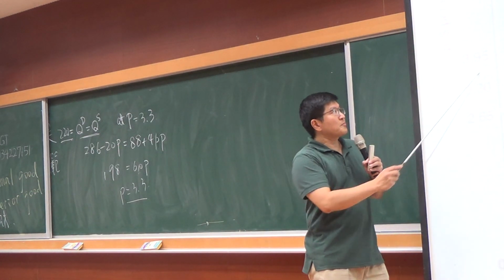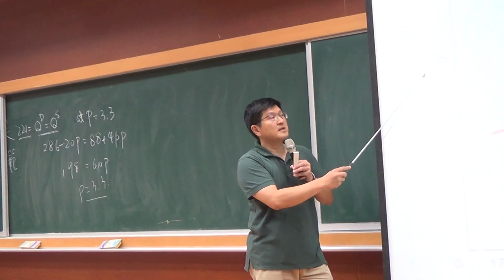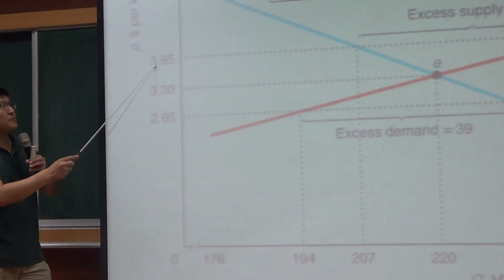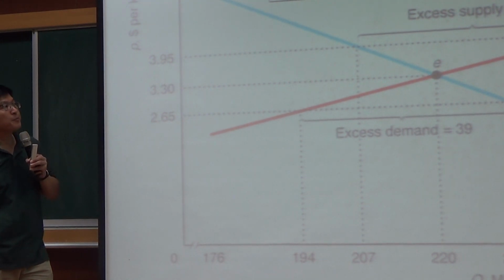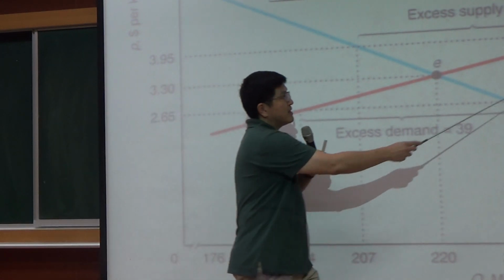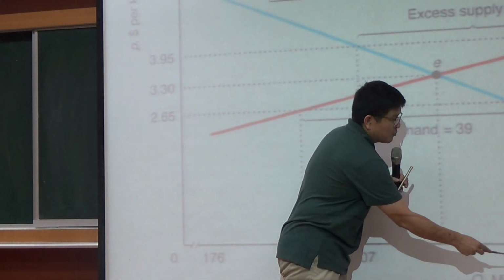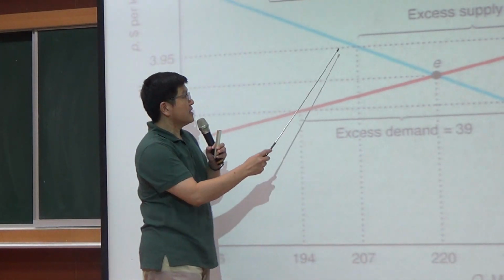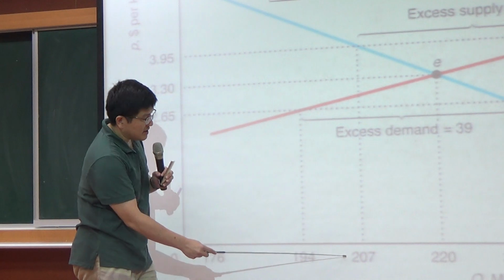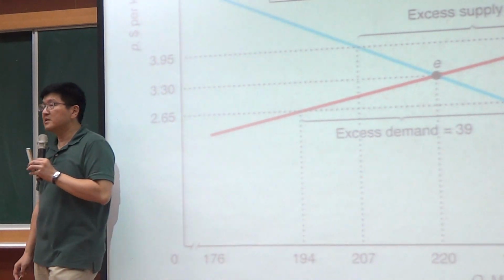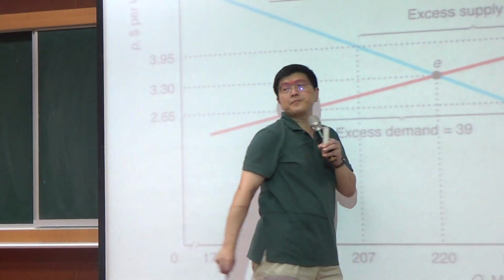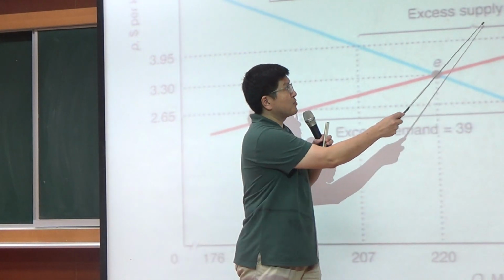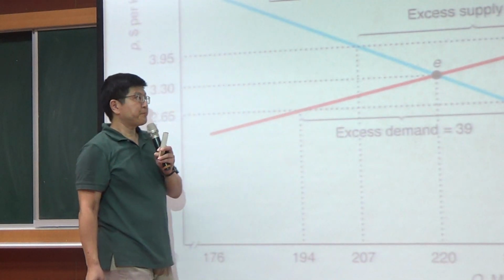But if you set the price higher than the equilibrium one, say 3.95, then the quantity supplied will be 246, and the quantity demanded will be 207. So we have an excess supply. This is an excess supply of 39.